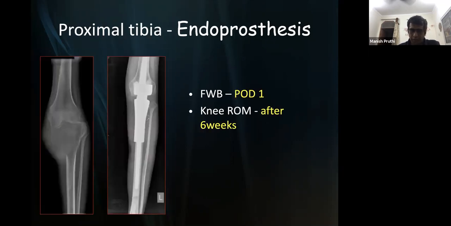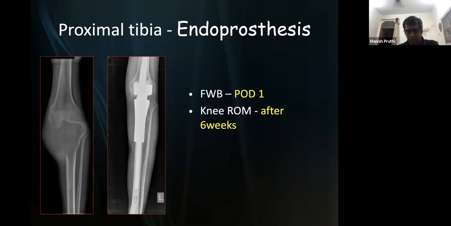When we are doing the same thing in the proximal tibia, although we are cementing the stem, we are reconstructing the extensor mechanism, because as all of you know, the quadriceps tendon and the patellar tendon insert into the tibial tuberosity, and we lose our tibial tuberosity when we are doing a proximal tibial resection. So we do a gastrocnemius flap over which we suture the patellar tendon.